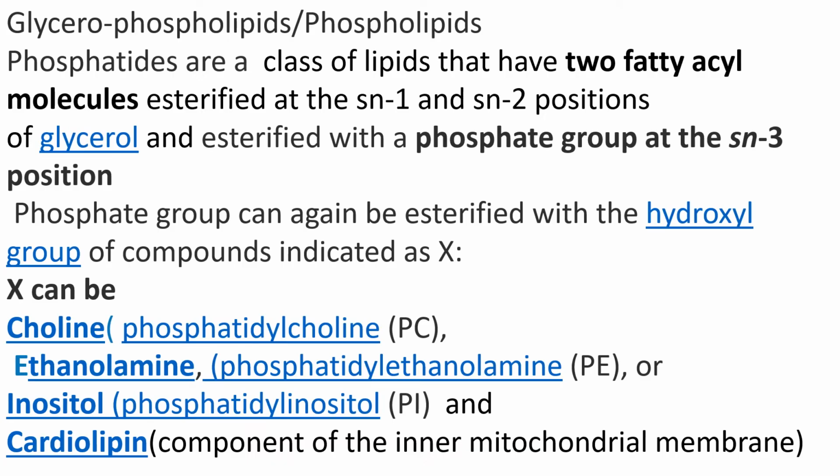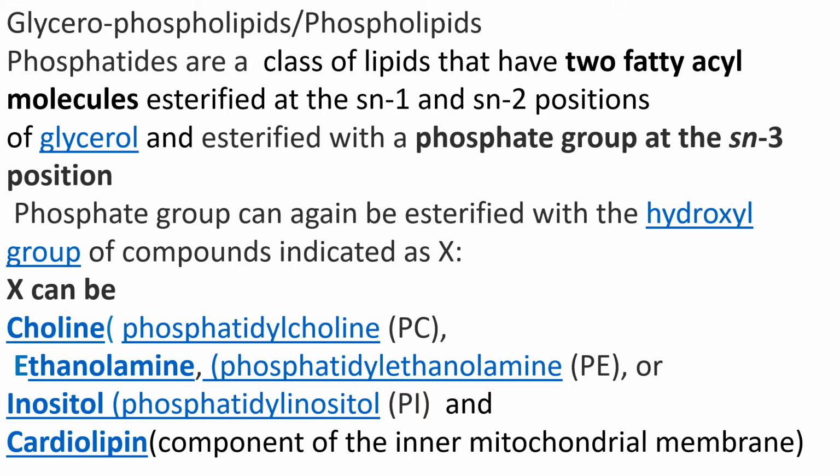In the previous slide, we just discussed the basic structure of the phospholipids. Phospholipids or glycerophospholipids, these are synonyms. As we came to know, glycerol being a 3-carbon structure has two fatty acids attached at position carbon number 1 and carbon number 2 by means of an ester linkage.